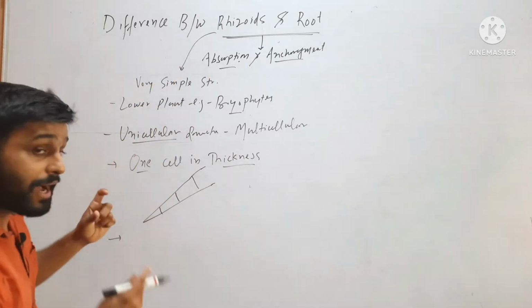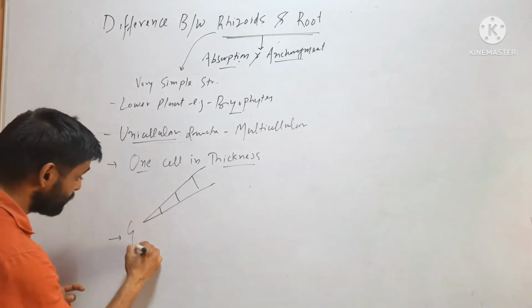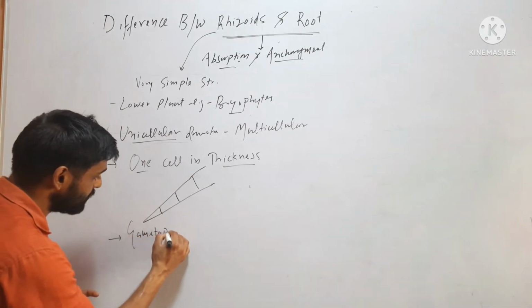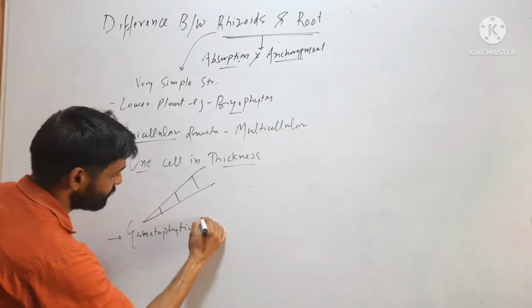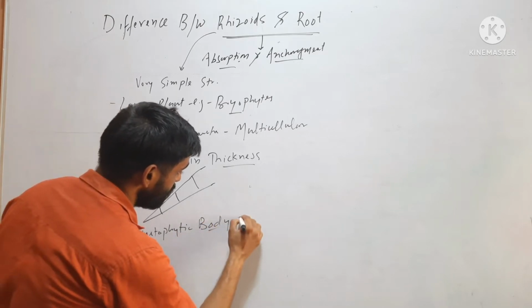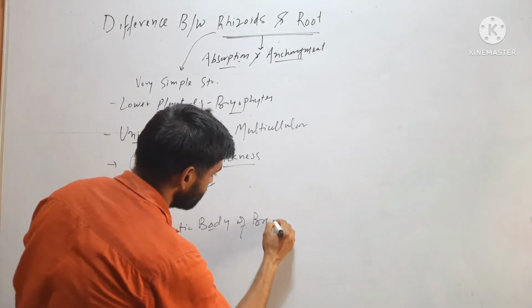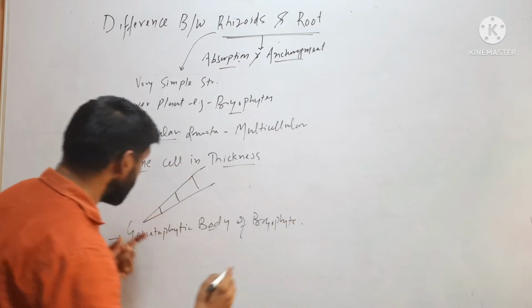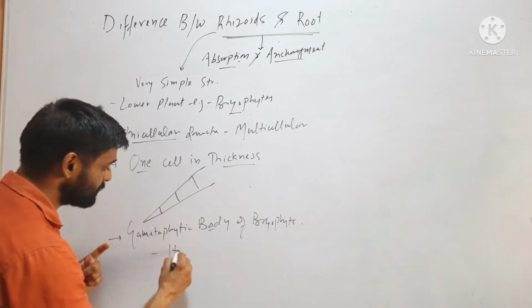This rhizoid arises from the gametophytic body of the bryophyte, so it is always haploid.